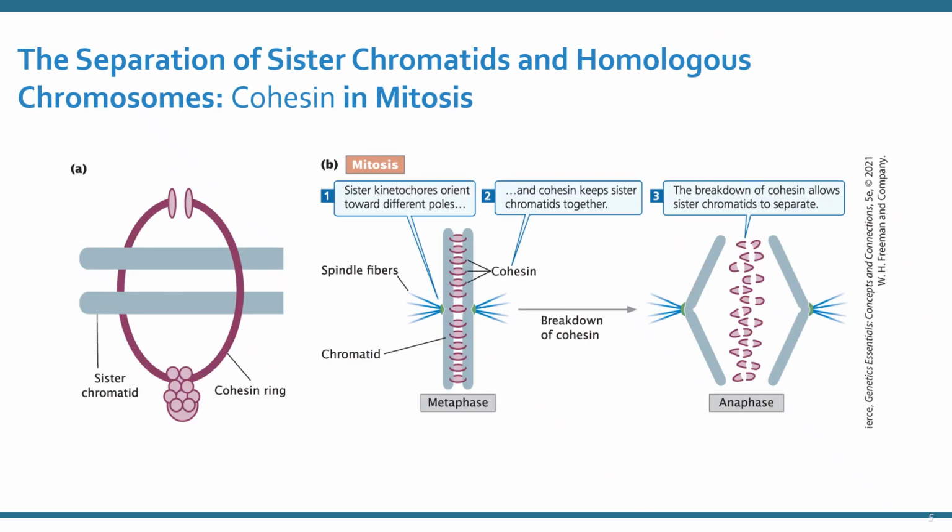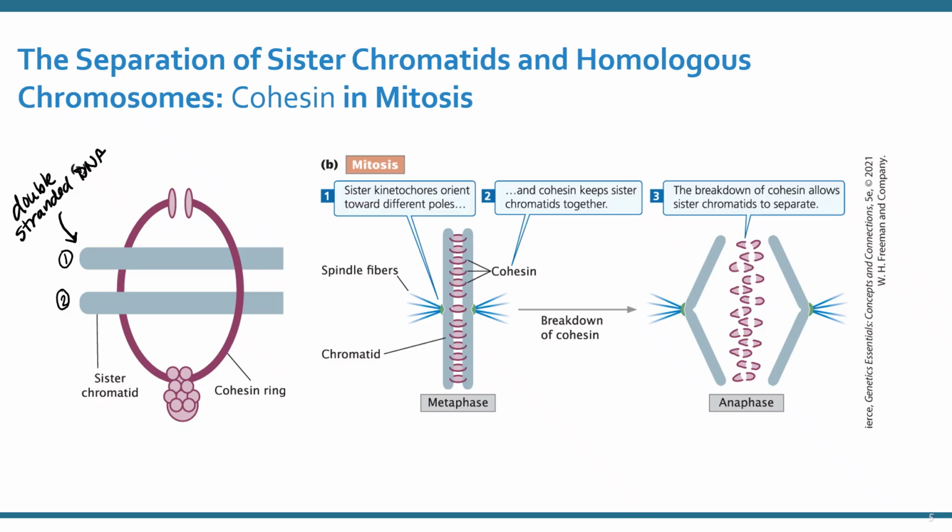So here we've got our sister chromatids during mitosis. Just to explain what's happening here, this is our double-stranded DNA, and it's not drawn here just for simplicity's sake. So this is one of our chromosomes, and this is our second to form the sister chromatid.